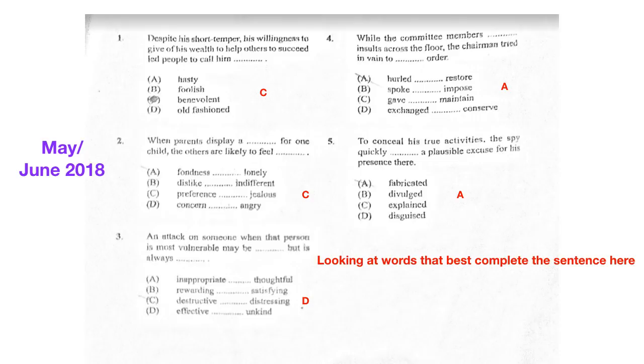I like option A, hurled. They were hurling insults across the floor. The chairman tried in vain to restore order. I like A as the number 4 answer. Somebody asked me when I was doing this question in class, why not C? Gave and maintain order. Tried in vain to maintain order.